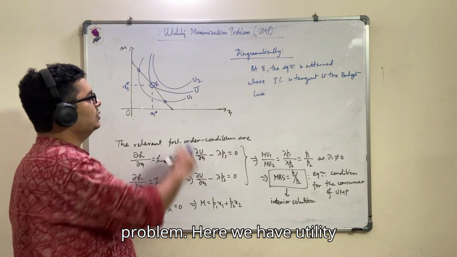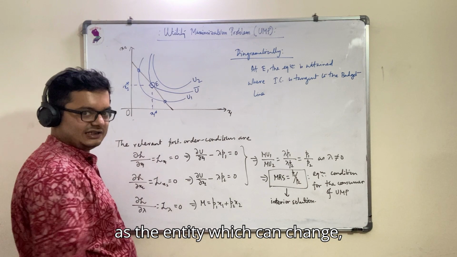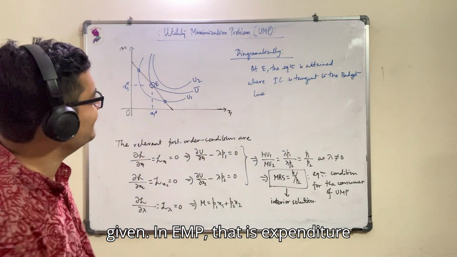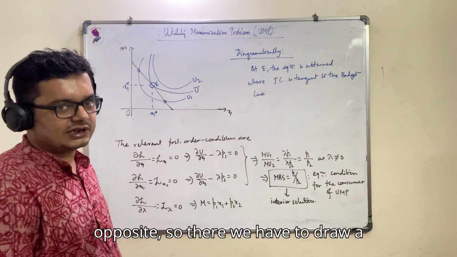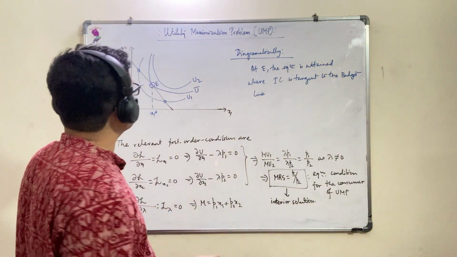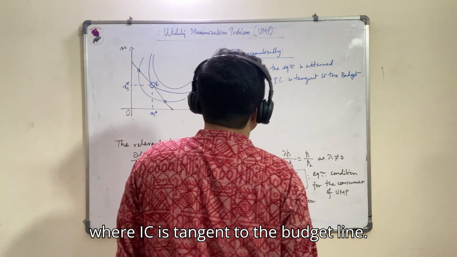Here we have utility as the entity which can change, and the budget is something which is given. Okay, in EMP, that is expenditure minimization problem, it is just the opposite. So there we have to draw a different diagram. I mean, similar but not identical. Okay, where IC is tangent to the budget line.